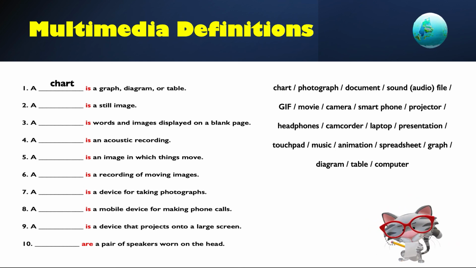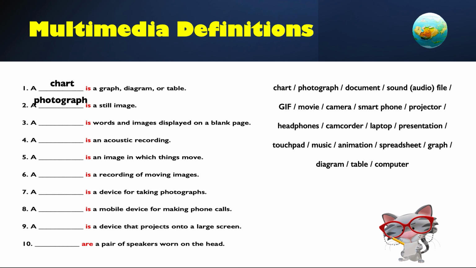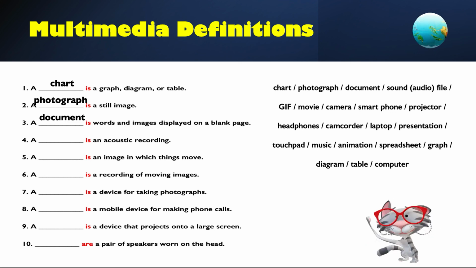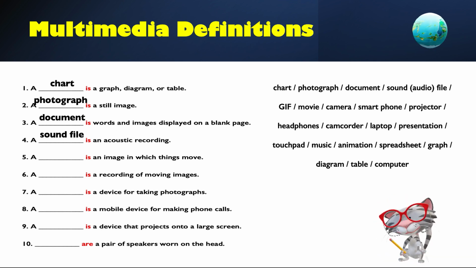So number 2, what is a still image? Photograph. Yes, a photograph. What is words and images displayed on a blank page? That should be document. Document. What is an acoustic recording? That is a sound file. A sound file or an audio file? Yes.